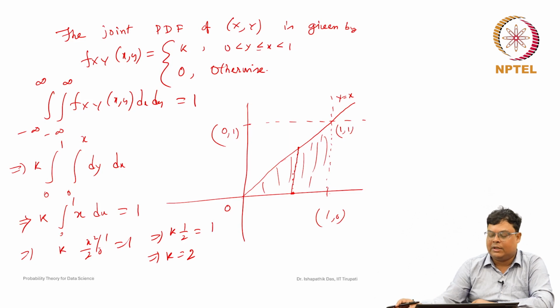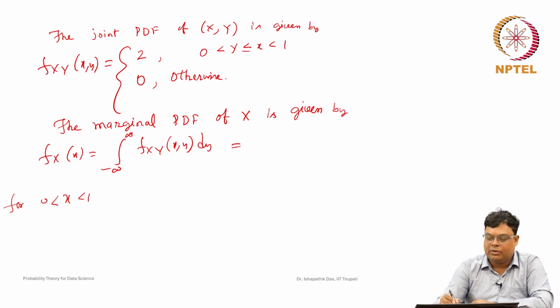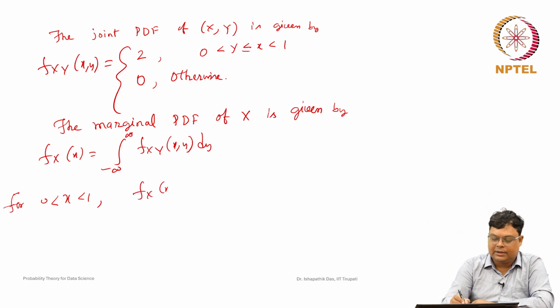So the limit is given and it is straightforward, it is 0 to x. So for 0 less than x less than 1, f_X(x) is the integral from 0 to x of k, which is 2, dy. So this is nothing but 2x.